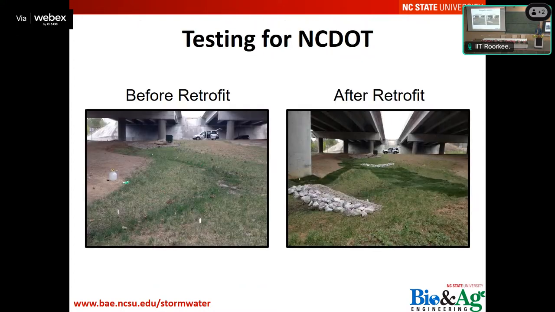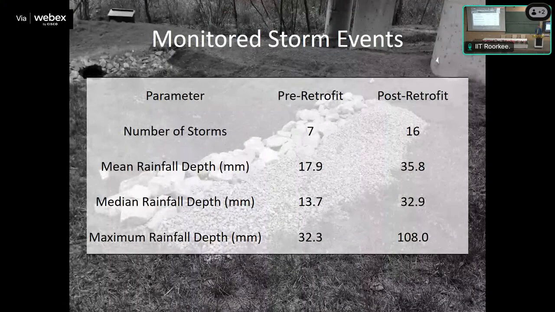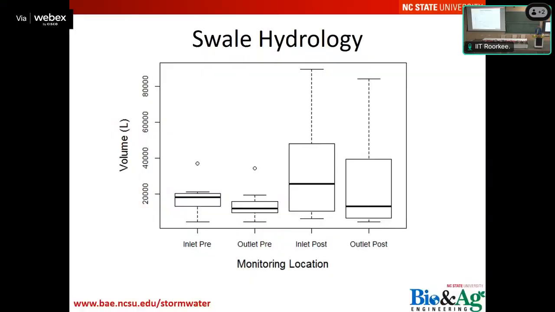All right. So this is what it looked like before we added the riprap check dams and after we added the rock check dams. It doesn't really look a lot different, does it? Because it's about the same. And so I'm going to share with you what we observed. And the biggest challenge that we had was that we had a small sample size here compared to a big sample size here.